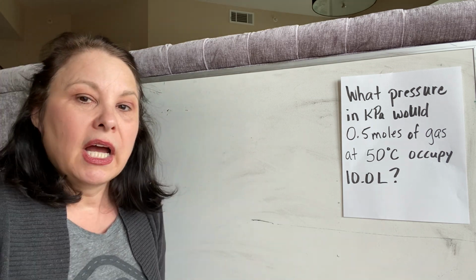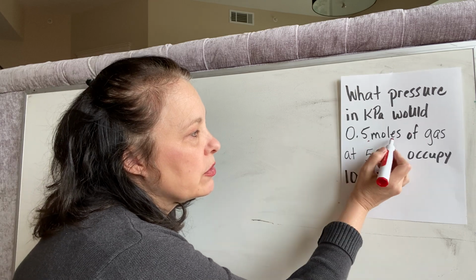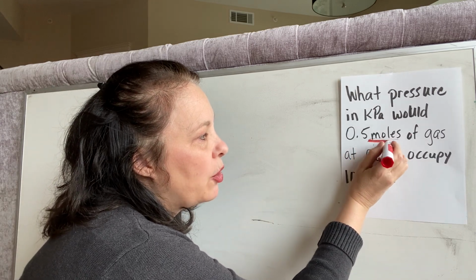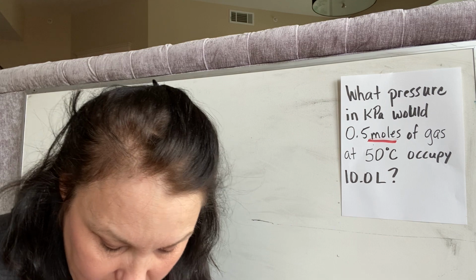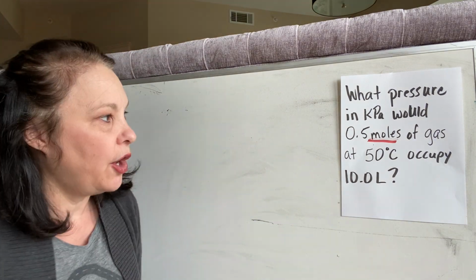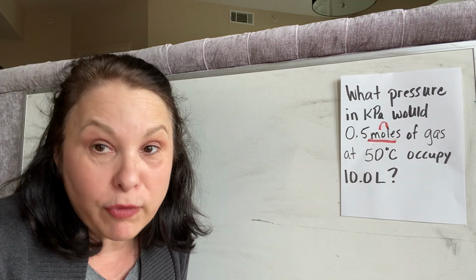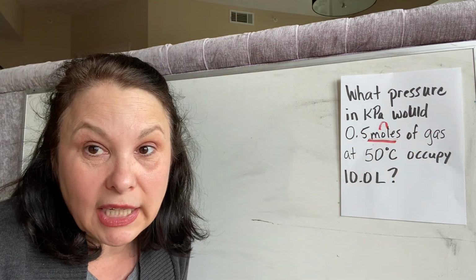So, because I see that word moles, and I know when I look here at my little list of formulas that moles is an N, I know my formula has to have an N in it, okay?